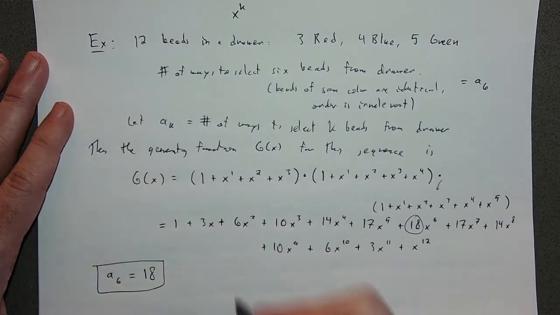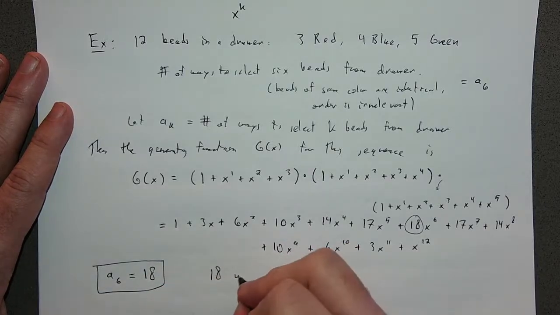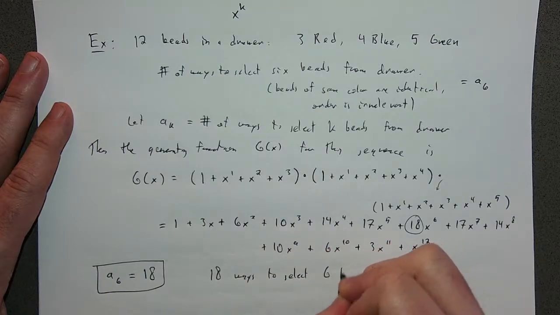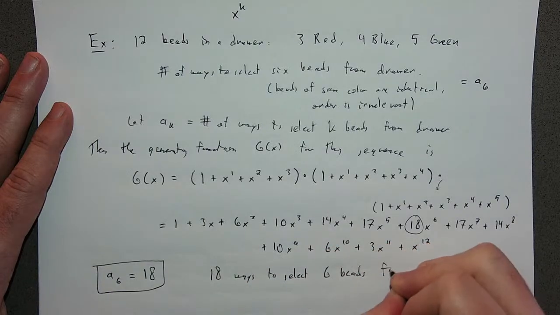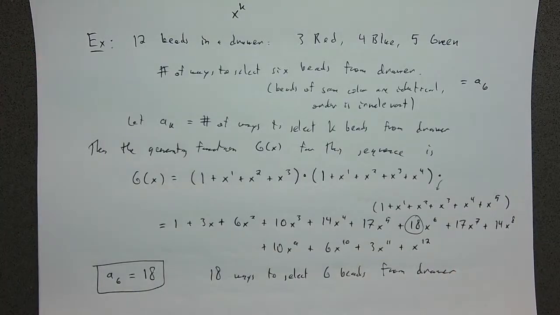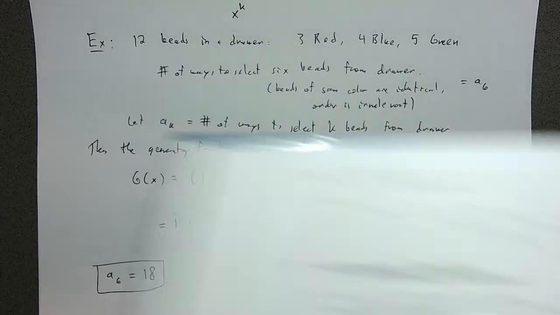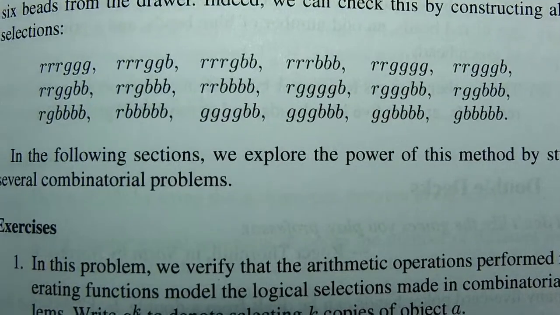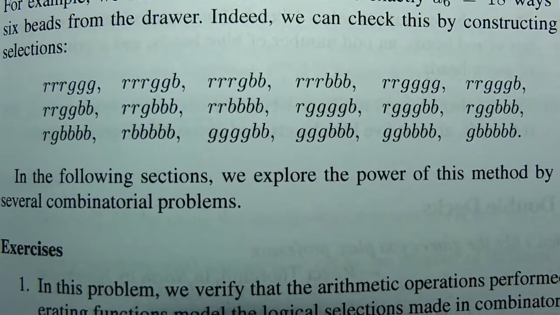So 18 ways to do this. So under those conditions, there are 18 ways to select 6 beads from the drawer. If you want to see this verified, there's all 18 such ways.